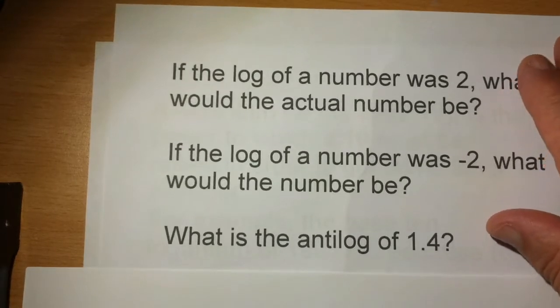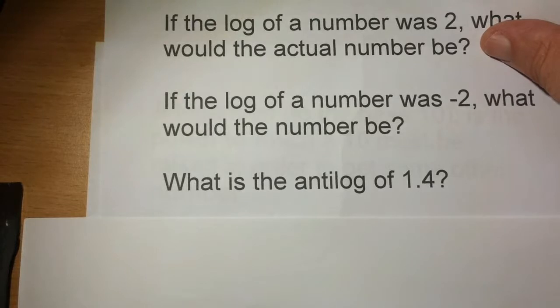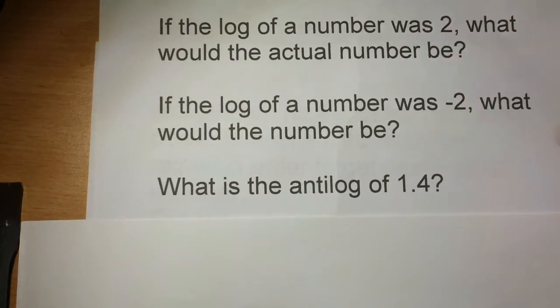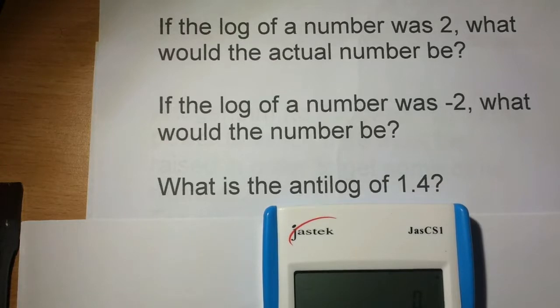Let's look at some other examples. Looking at the antilog of 1.4, that's not something that we can work out in our head. So again, we can call upon our trusty calculator. This time, to work out the antilog of this number, first of all we press the shift button, then press the log, and type in 1.4.